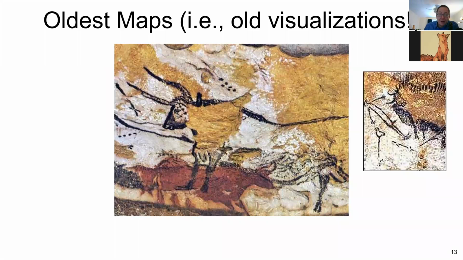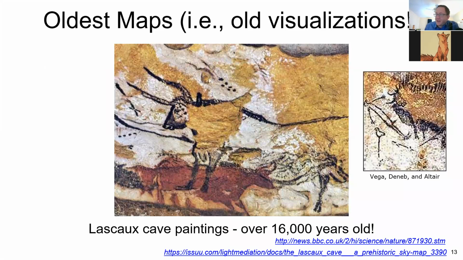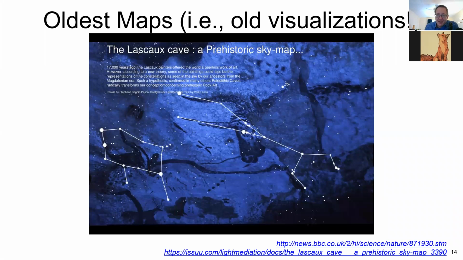Okay. It also is perhaps one of our oldest visualizations. And you're thinking, what the heck do cave paintings have to do with this? Well, they're 16,000 years old, these cave paintings. And what they found fascinating about this, and I'm not sure if I wholeheartedly believe this, it might be coincidental, but still fascinating that it works like this. It turns out that they map exactly to stellar constellations.